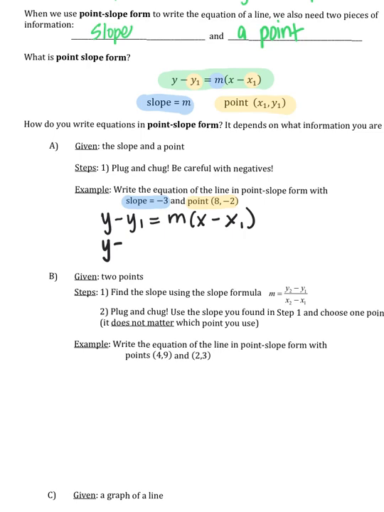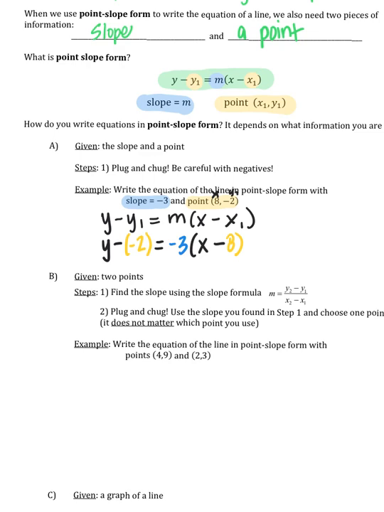If I label my point x1, y1, my y1 is -2, so I need to say minus -2 equals my slope, which is -3 times x minus my x1, which is 8. That is point slope form.